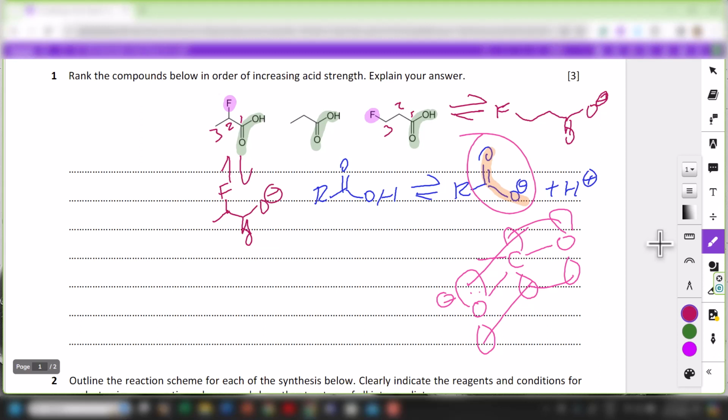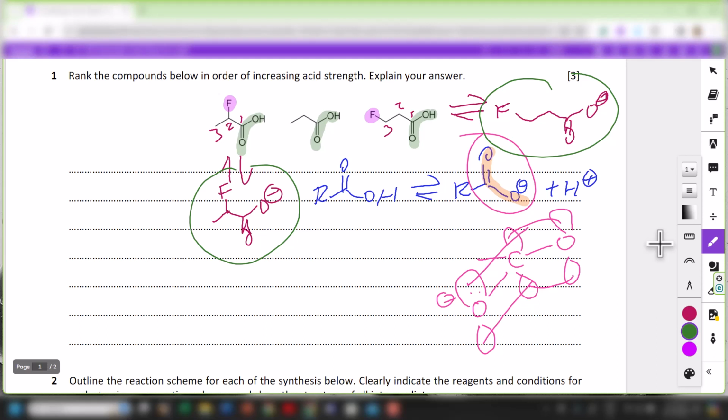So that means this is stabilized more as compared to this via the electron withdrawing inductive effect of the fluoro group. The fluoro group purely exerts an electron withdrawing inductive effect through the sigma bonding framework, and it helps to further disperse the negative charge of the carboxylate anion.